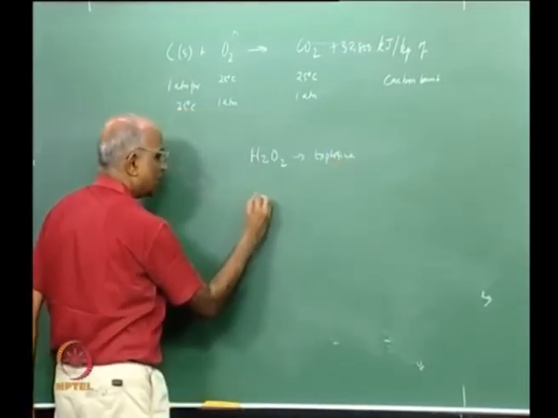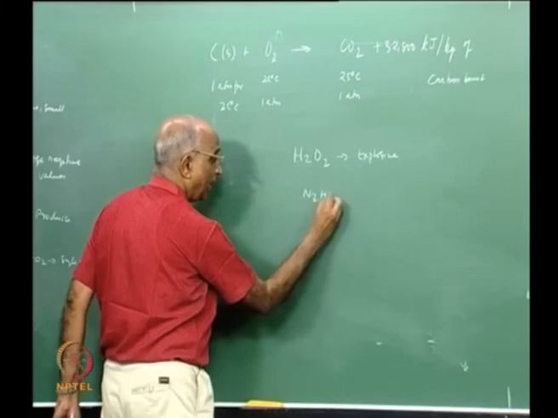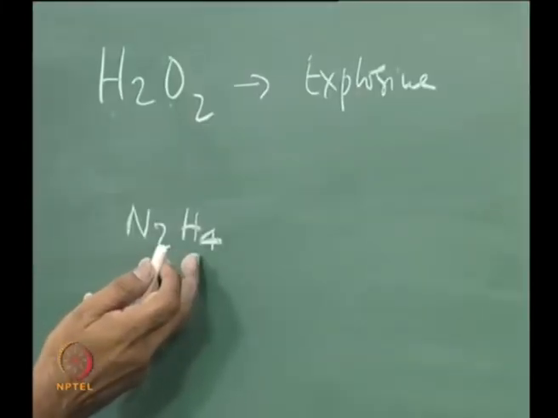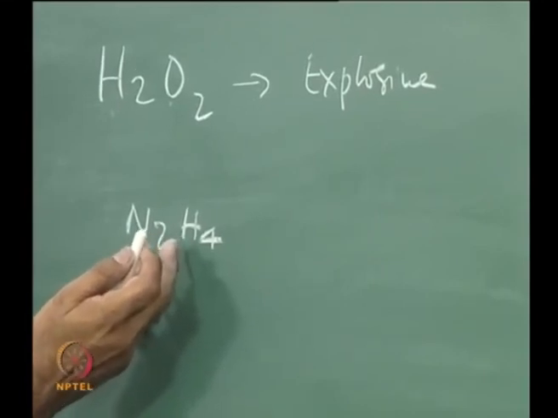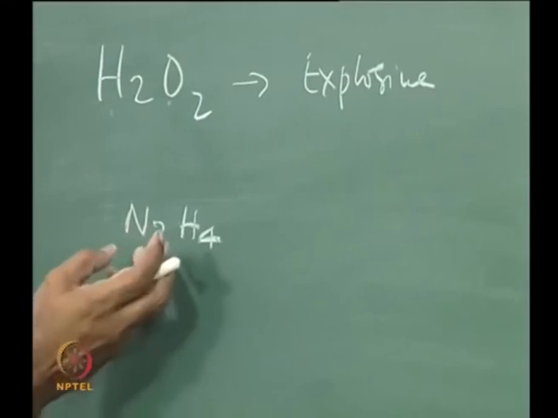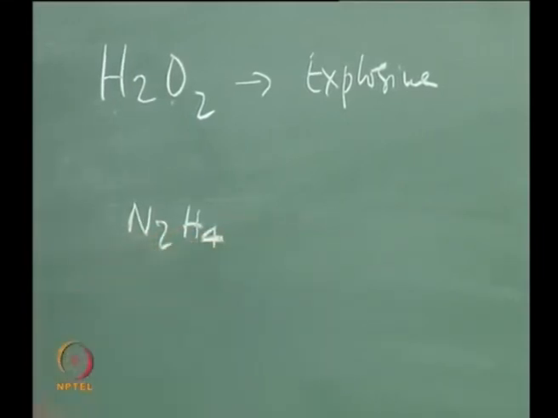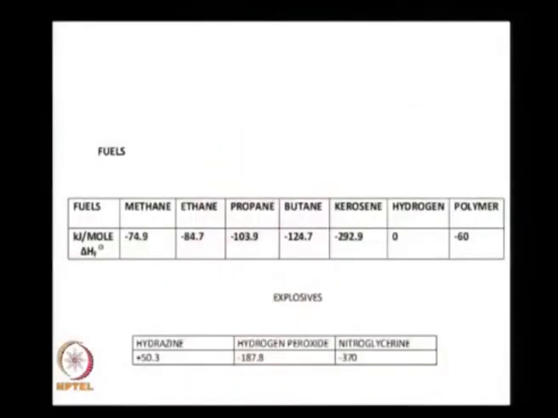Similarly, you have substances like, let us say, nitrogen, N2 and hydrazine, and this again is an explosive, because by itself it could react to form products. Therefore, such substances are explosives, and if we take some of these substances like hydrogen peroxide, it has a heat of formation of minus 187.8.